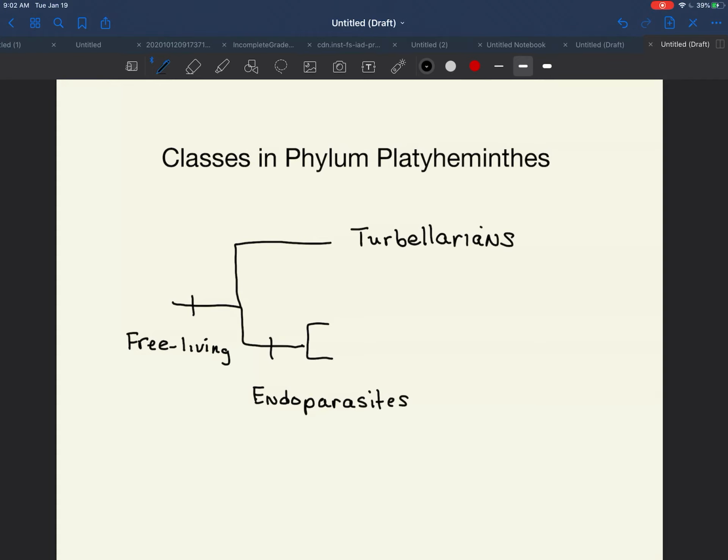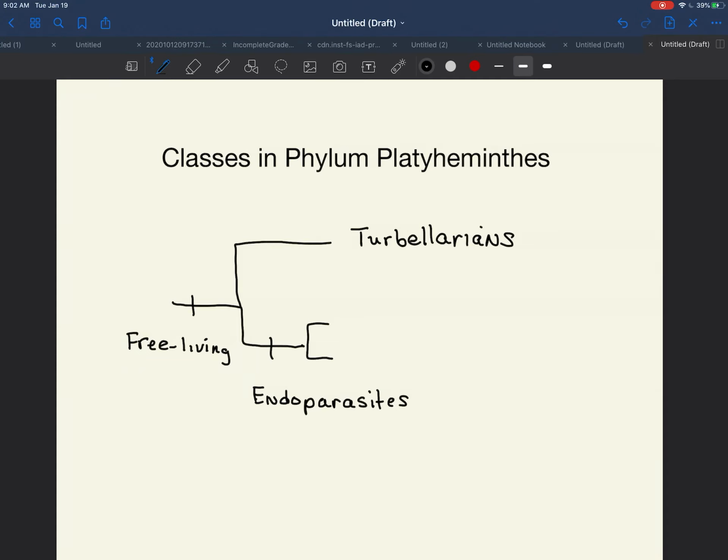And we see lots of different species, probably related to the fact that they have these complex life cycles. And if you think about it, parasites become isolated within their hosts.